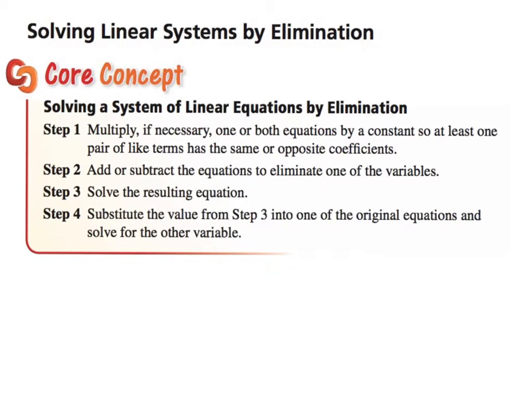If you want one of them to be 22x, the other one needs to be negative 22x. Then you're going to combine the equations together to eliminate one of the variables, and then you solve the equation. And step 4 is you substitute your answer, whatever you get for x or y, or a letter, and you plug it in one of the original equations to solve for the other variable.